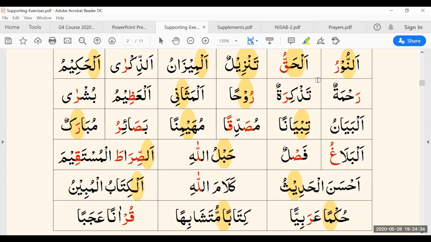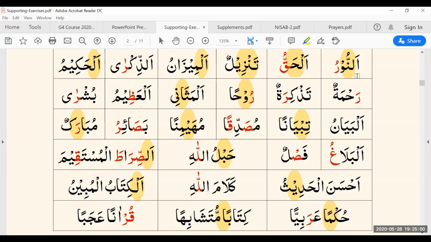Then in the very first example again, an-nuru. So you have to prolong this for how long? Yes, we have dhamma followed by waw, so 2 seconds, right?